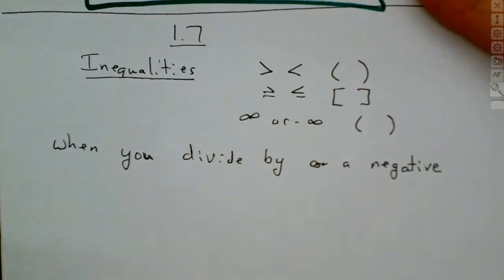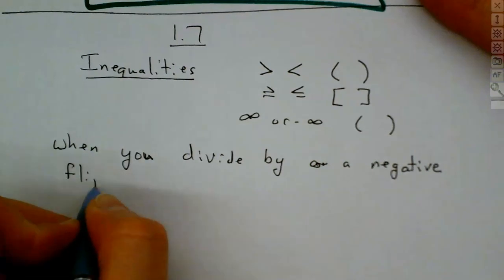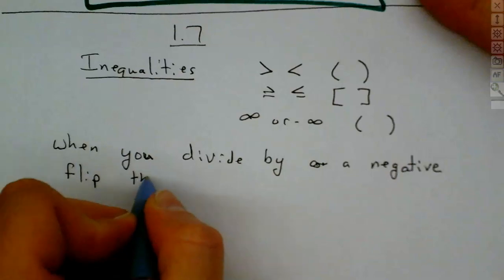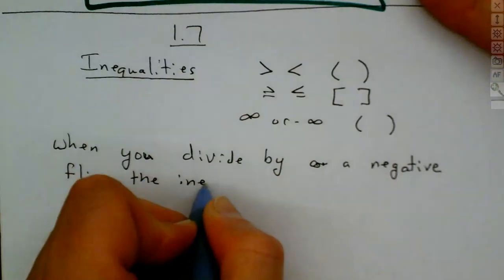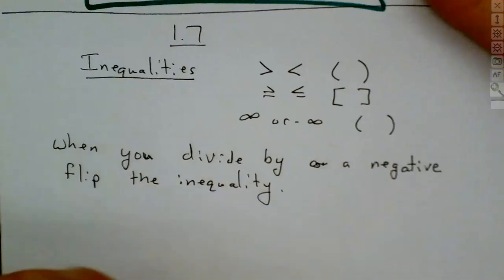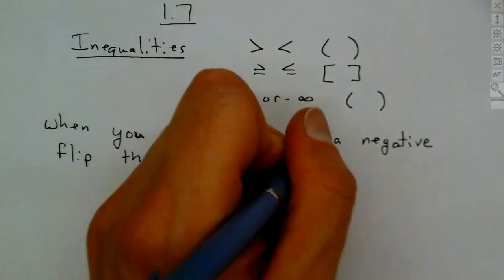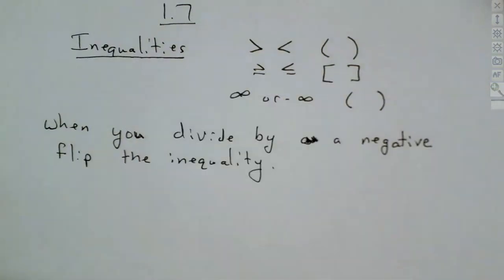Does anyone remember? Remember, you have to flip that inequality, right? So whenever you divide or multiply by a negative, usually it's just dividing. We don't really multiply much. But whenever you divide or multiply by a negative, you're going to flip that inequality.